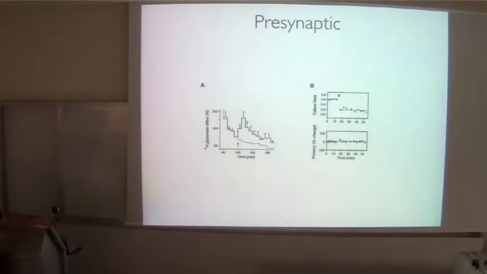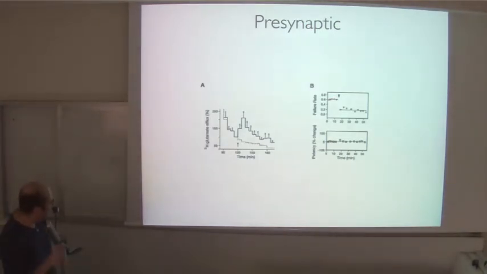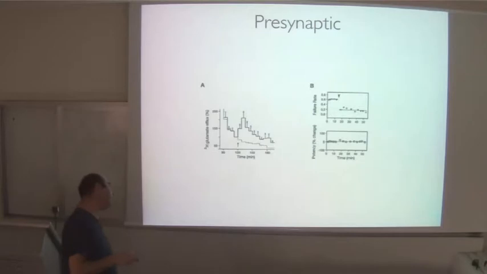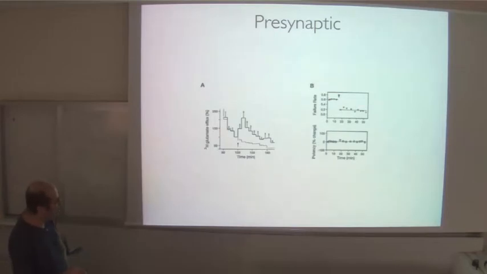You could also do that with a little bit higher resolution. Not with that method, but here what you look at is the failure ratio, and you see that the failure ratio is decreased. So every time you give a spike to the presynaptic site, what's the probability of getting an EPSP?